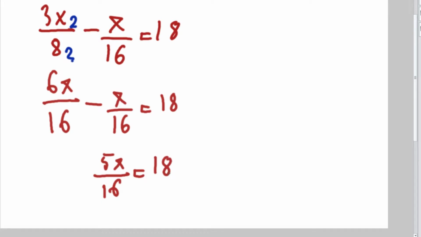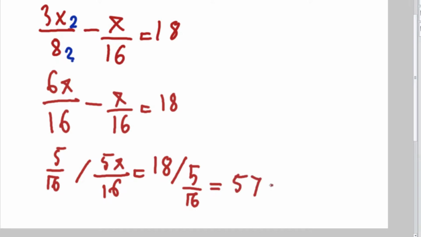And of course you divide both sides by 5 over 16, which is 57 and 3, just like last time.